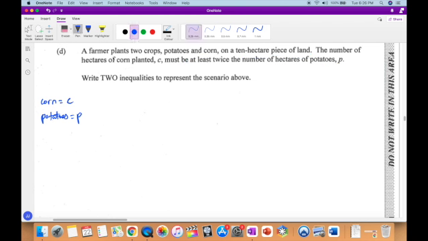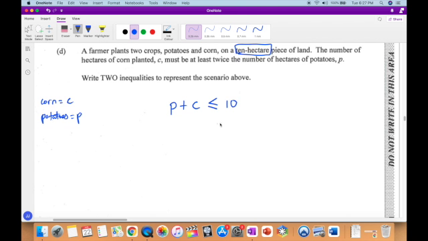A farmer plants 2 crops, potatoes and corn, on a 10-hectare piece of land, right? So when he plants the potatoes and corn, the amount of potatoes that he plants plus the amount of corn that he plants has to be either less than or equal to 10.